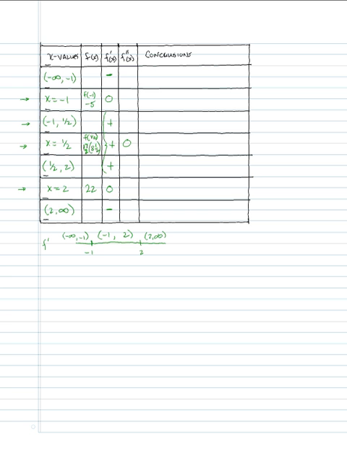So when I'm considering a test value, I can consider anything from -infinity up to 1/2. I can choose any x value, because all these boxes will have the same sign. And so in this case, I happen to choose x equals 0. That falls in that interval. And I tested the second derivative, and I got a plus, a plus, a plus, so all of those are pluses.